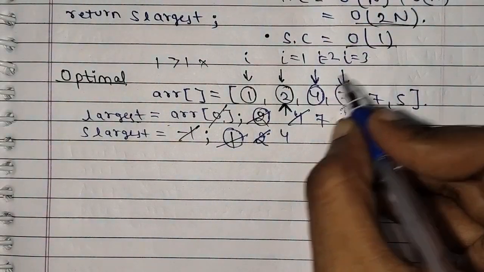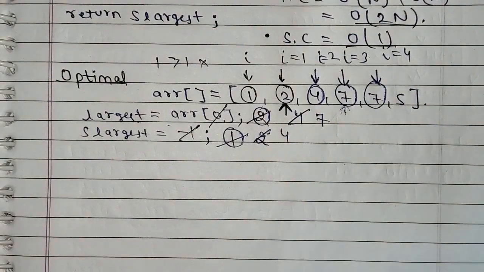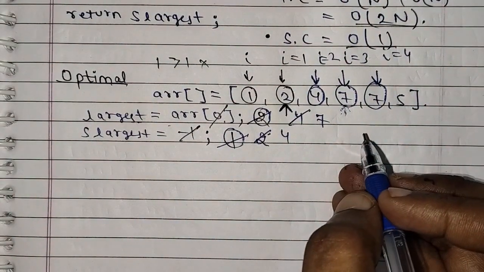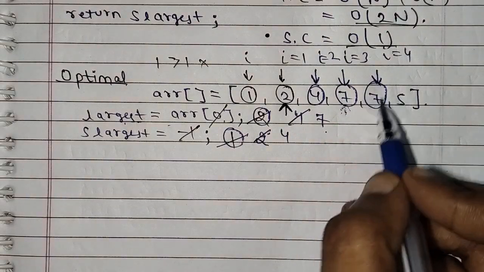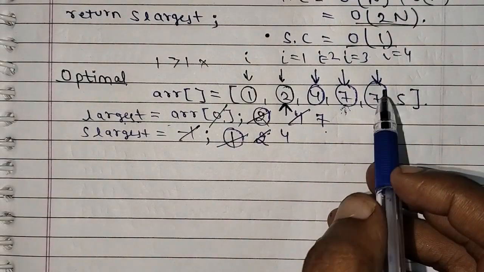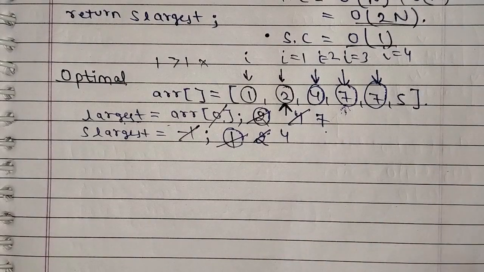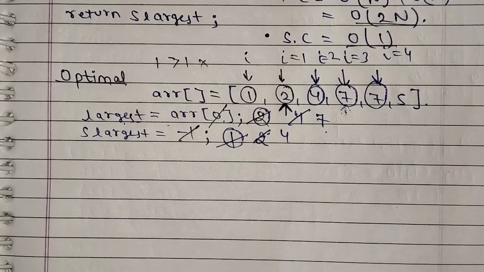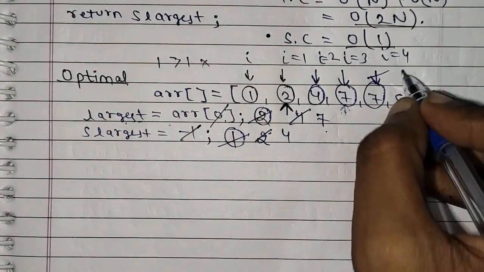Move your I to 4. Here the value is 7. Let's compare again. Is the current element greater than the largest? He said the current element value is not greater than the largest. So move the I.